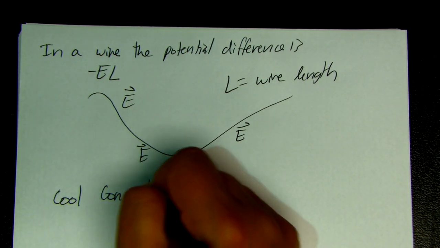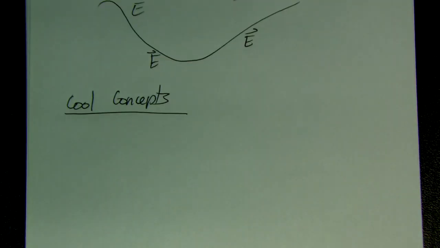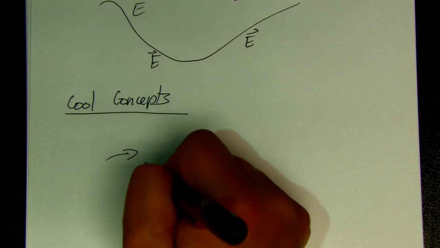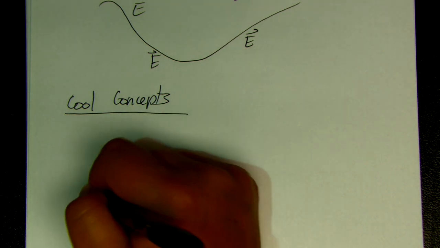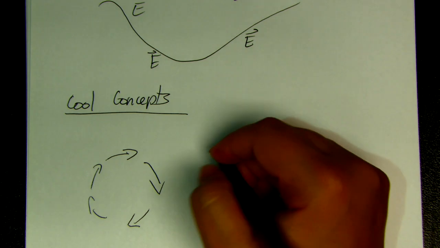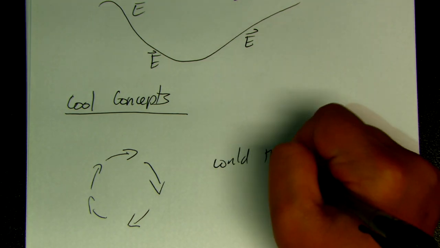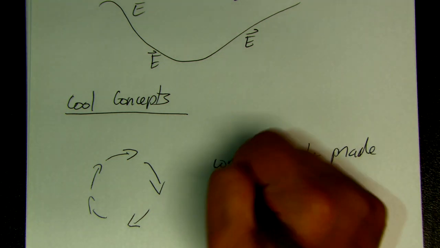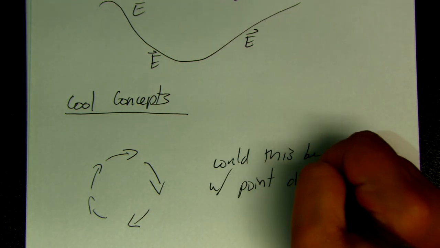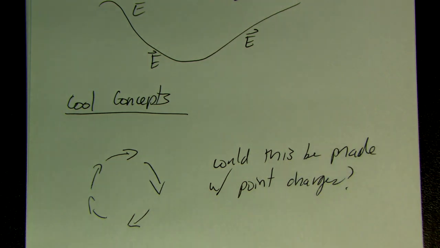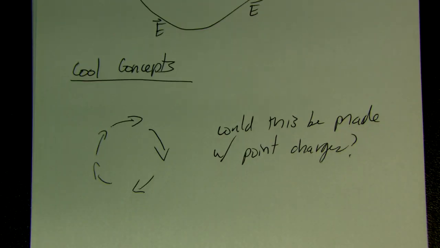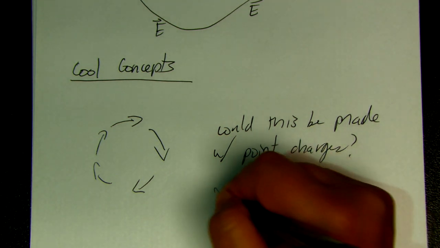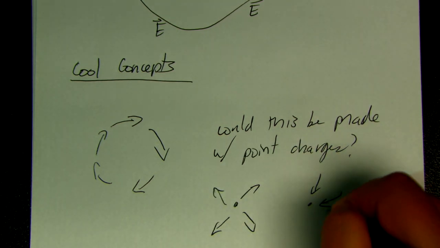All right, so cool concepts. Some electric field patterns are impossible. So, for example, could this be made with point charges? And the answer to that is no. Remember, point charges do this or this.